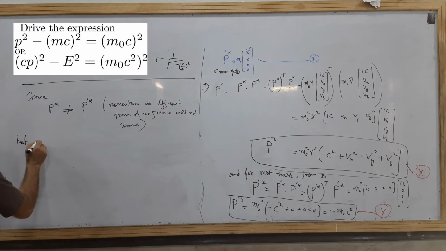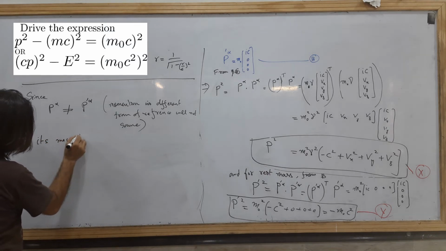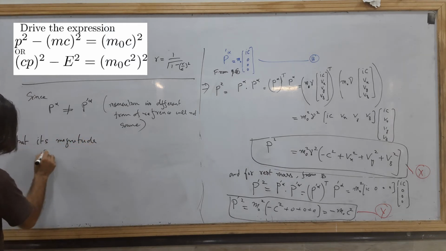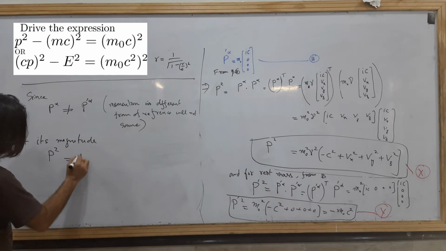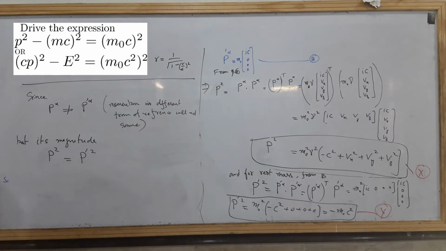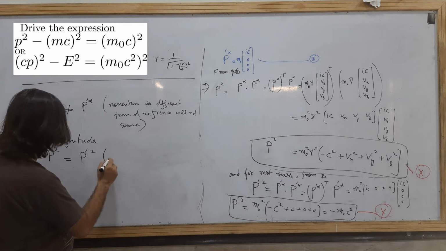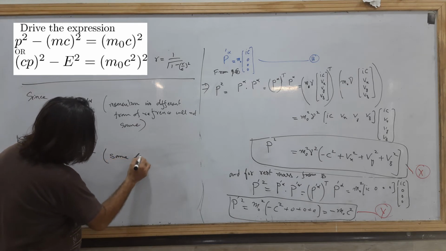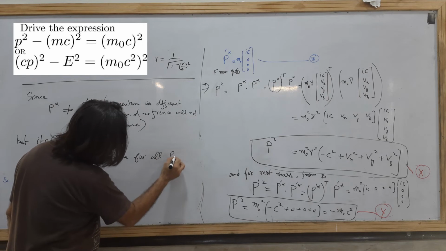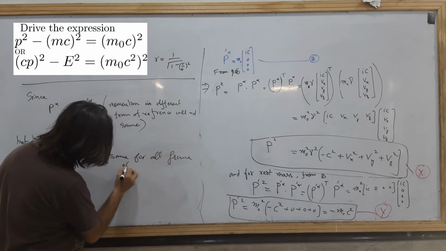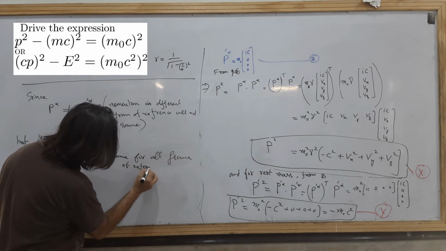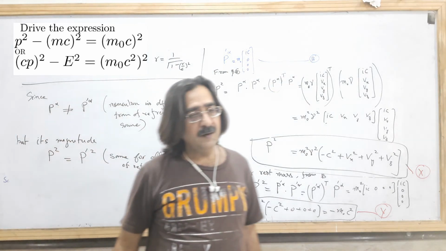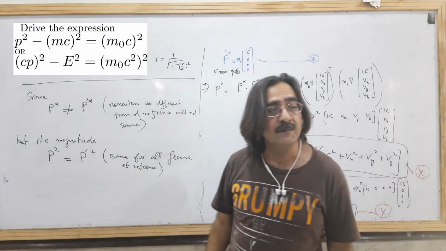But its magnitude, P square will be equal to P prime square. Same for all frames of reference. Yes? Okay, that will be the same.